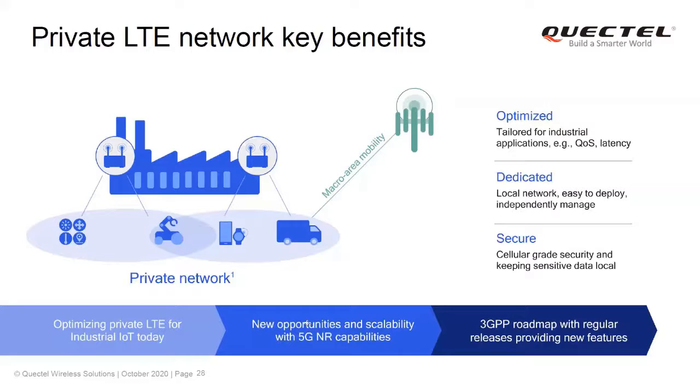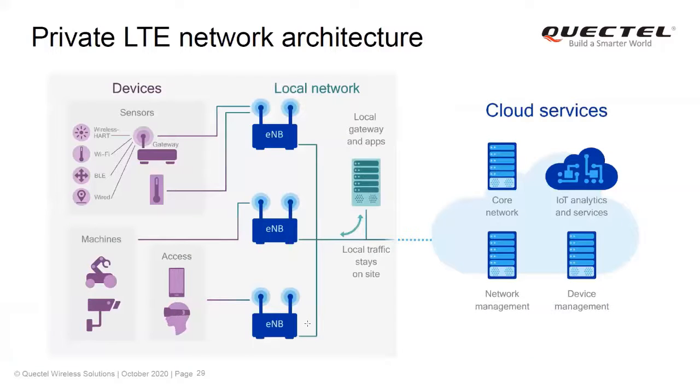And it's secure, so it has cellular-grade security based on SIM card security, what we have now in cellular technology, but keeps all the sensitive data locally. This is how a private network architecture looks like. So this is still LTE, not 5G.